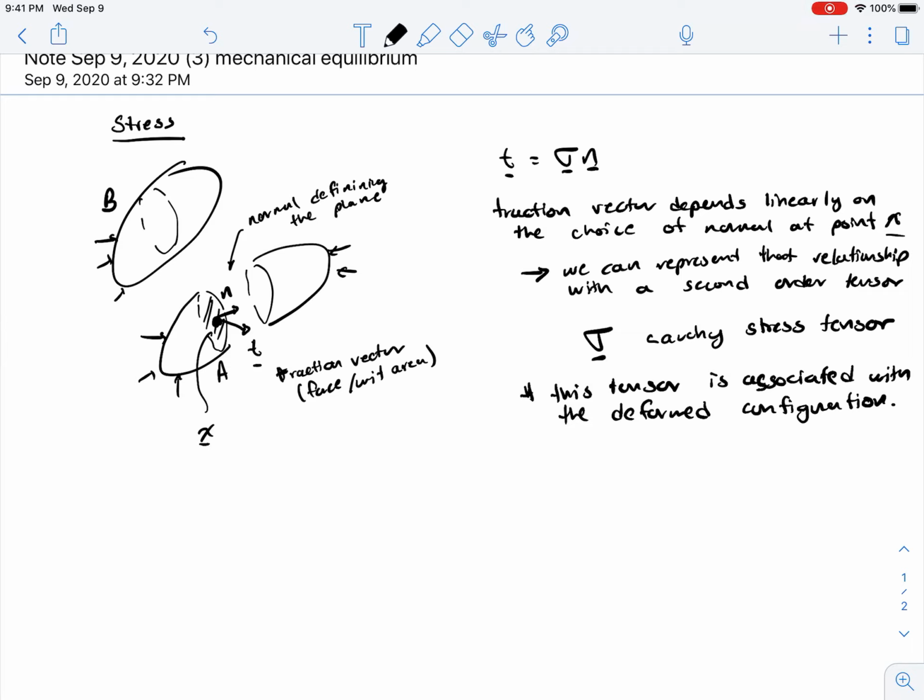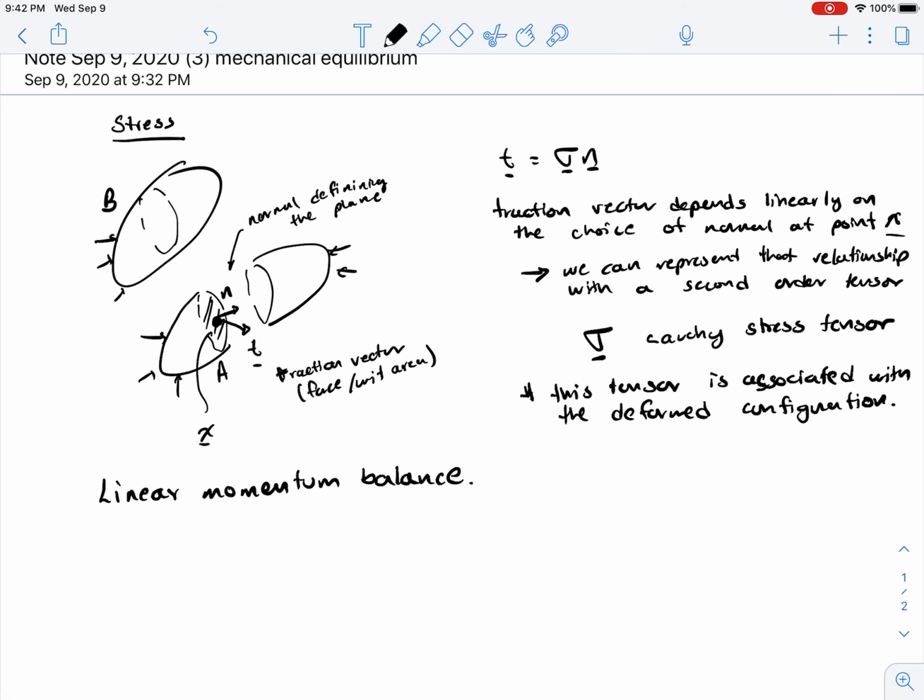So there's going to be again some notion of stress in the reference, but this one is defined in the deformed configuration, which is the observed configuration. This is what you see. This B configuration, or deformed configuration, is what you see. So let's go into linear momentum balance.